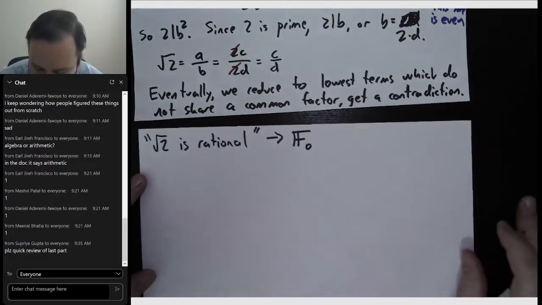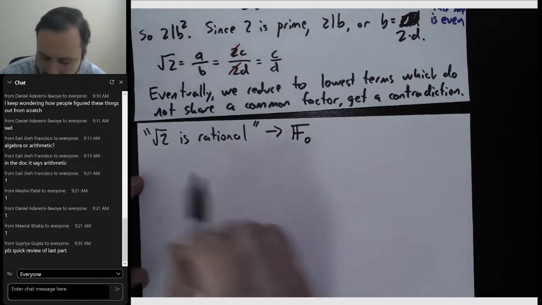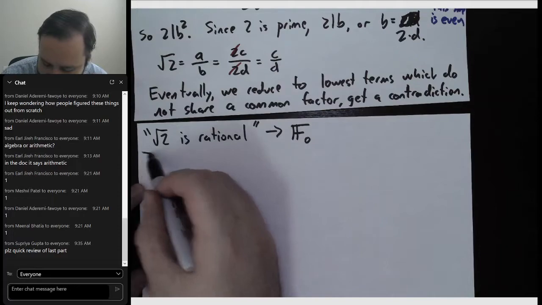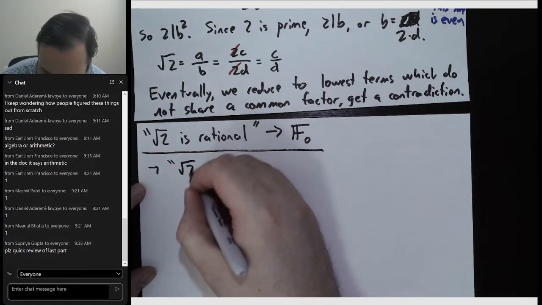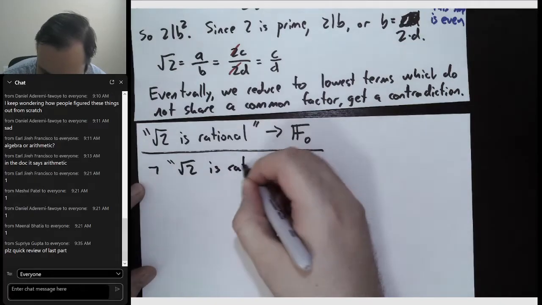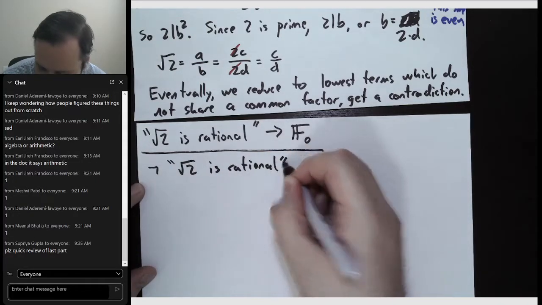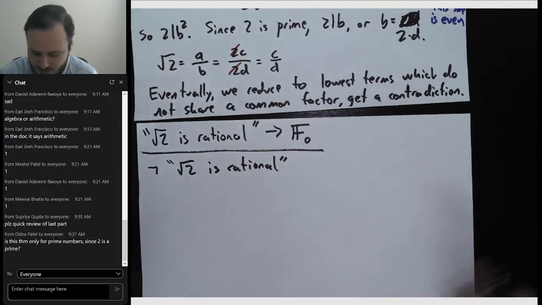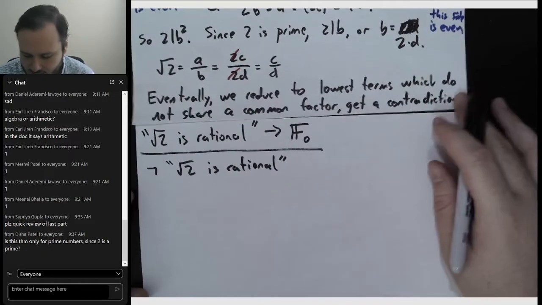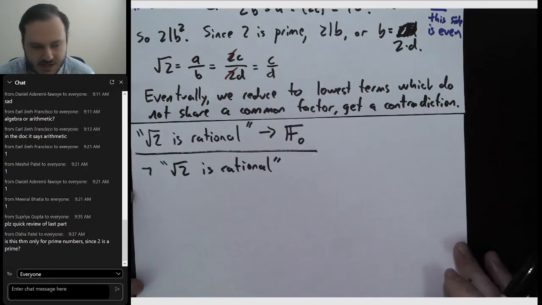So one of our deduction techniques is, from this, we can conclude not square root of 2 is rational. This is one of our laws of logic, or laws of inference, rather. This is our proof by contradiction technique.